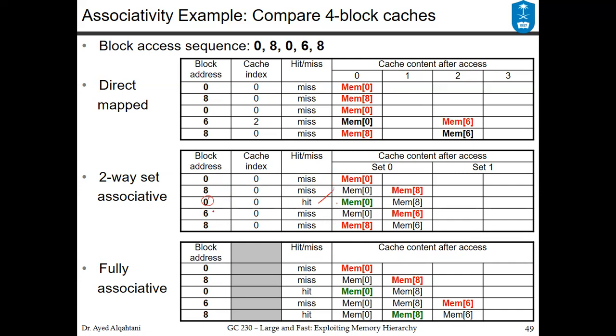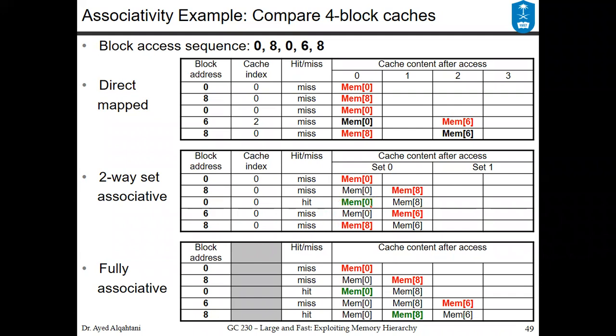Now, at this point, we have 6. The block address is 6, and it was mapped to set 0. But at this point, the set is already full. So we need to take one of them out, and in place of that, we put the content of the address 6. And of course, it's a miss. So which one to choose?